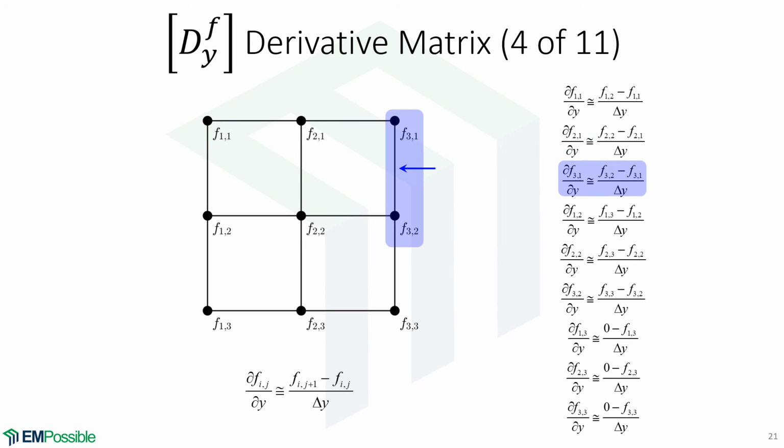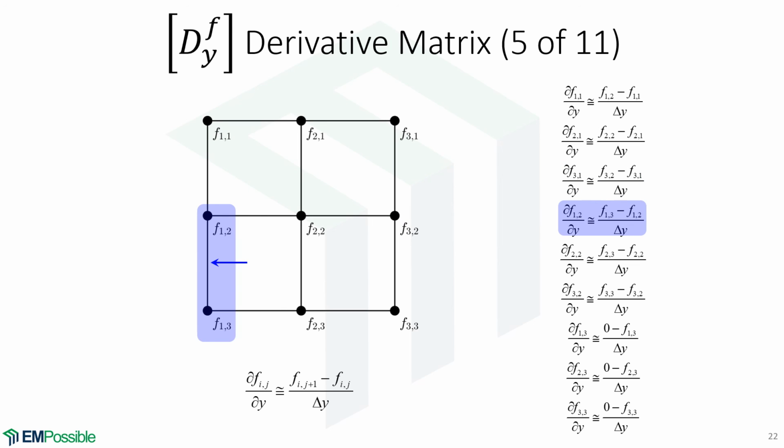Next point. We're evaluating the derivative with respect to y at the midpoint between f32 and f31. So the finite difference approximation is f32 minus f31 divided by the spacing between them, delta y.